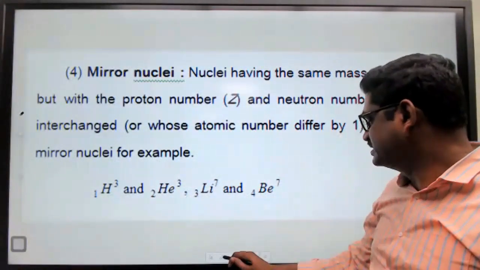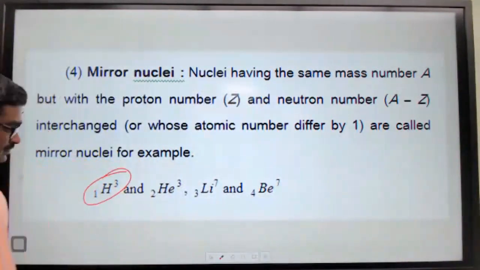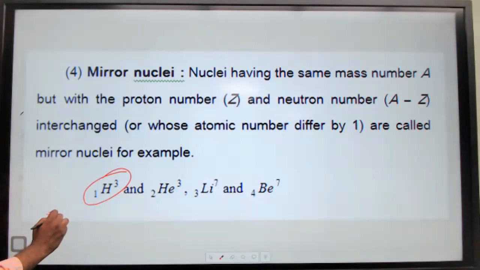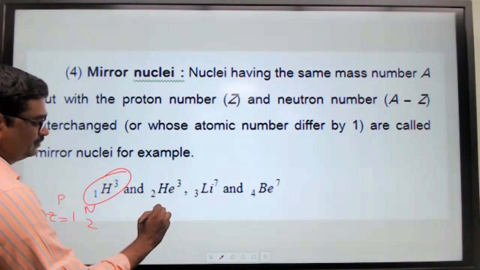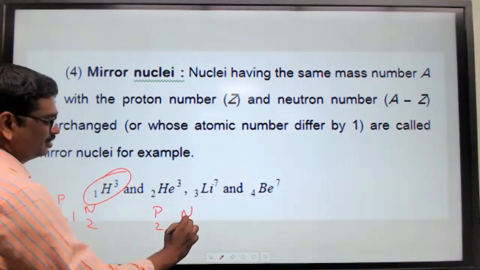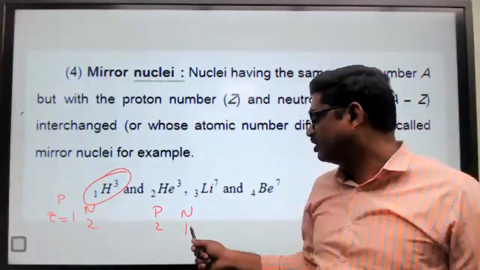These are two elements. For this one, what is the proton number, the Z value? Z equals 1, this is the proton number. The neutron number is 2. For the other one, the proton number is 2 and the neutron number is 1. So here the proton number becomes the neutron number.